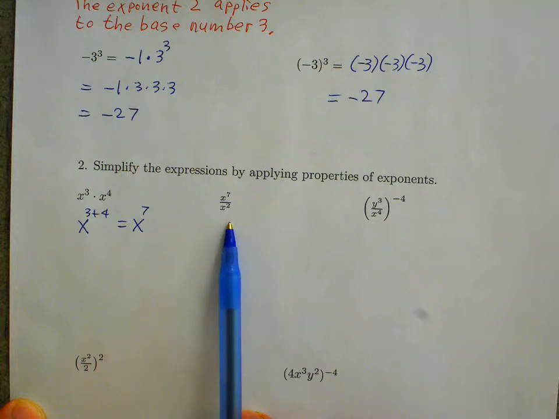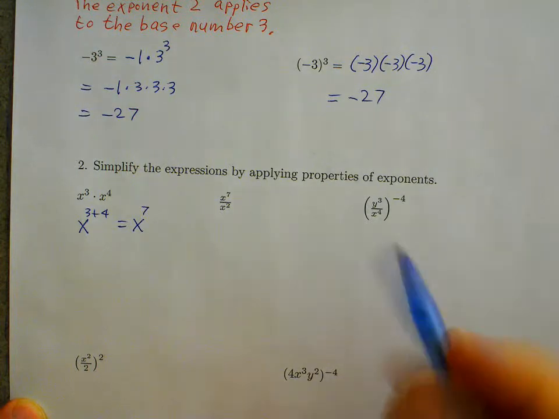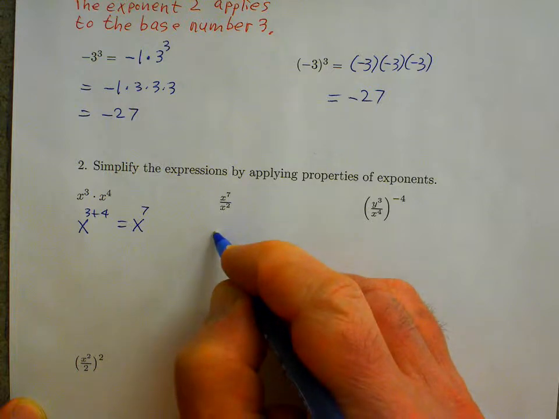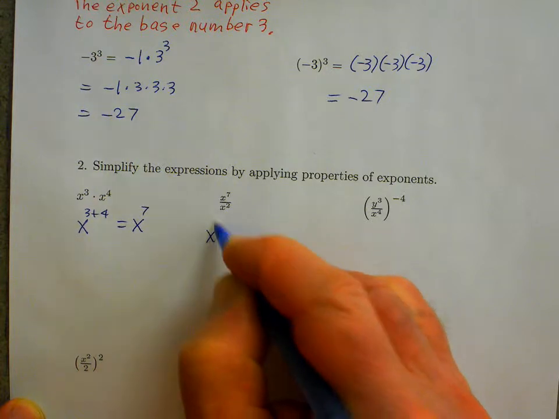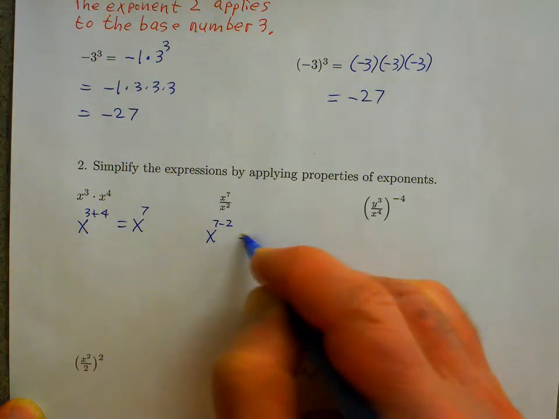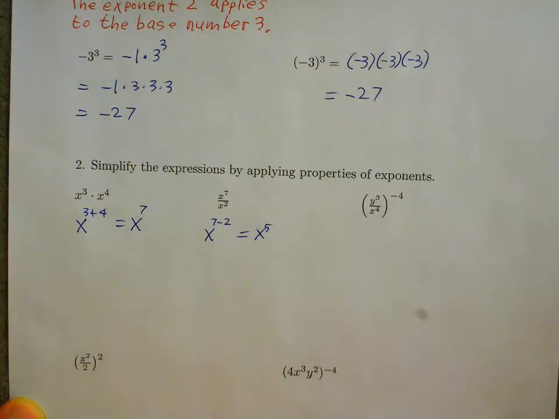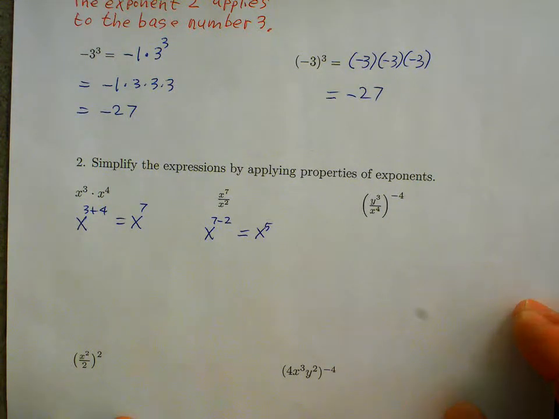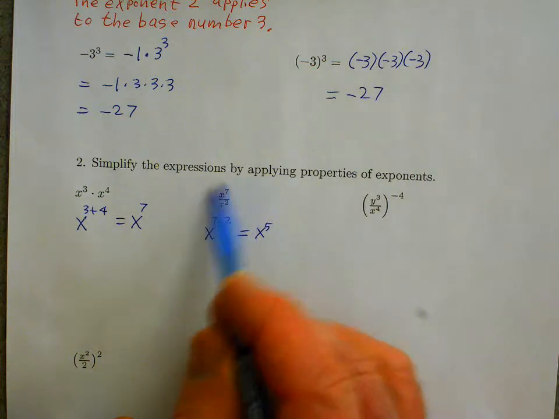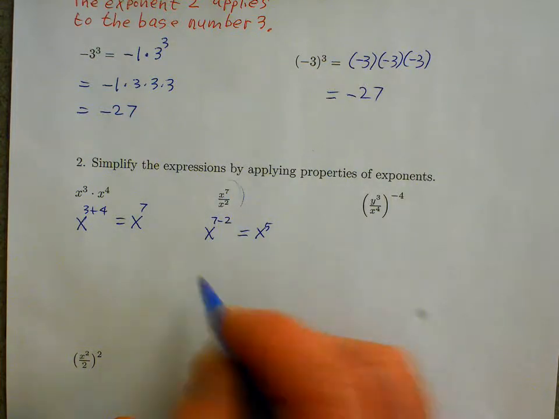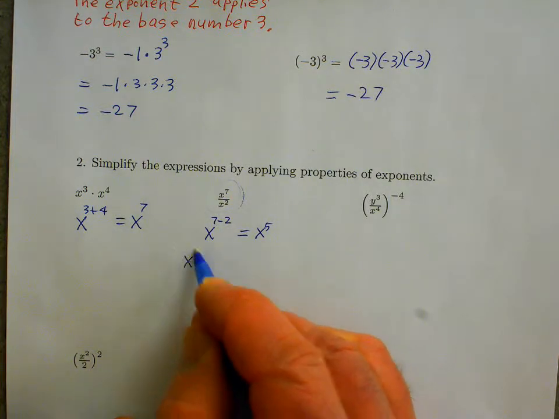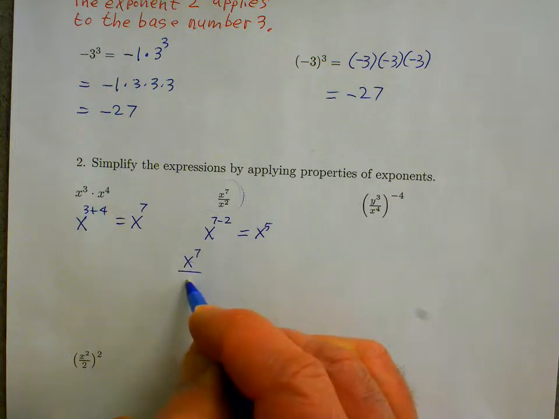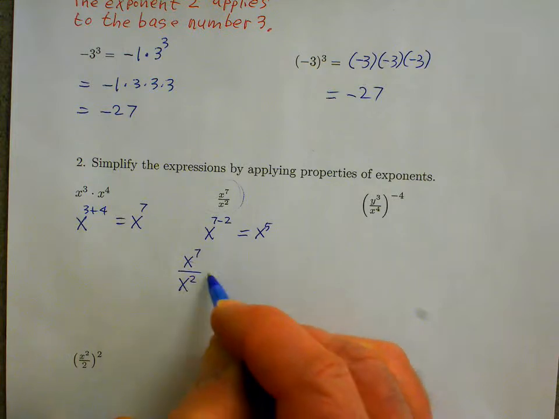The next example, x to the 7th divided by x to the 2nd. This is x to the 7 minus 2, or x to the 5th. Another way to look at this, you can think of x to the 7th over x to the 2nd.